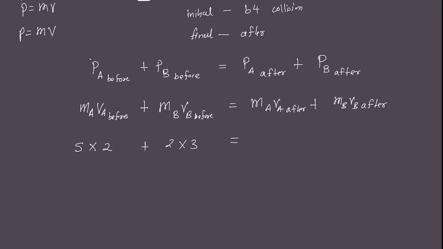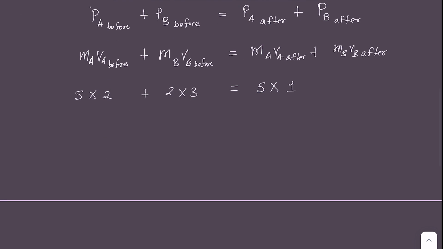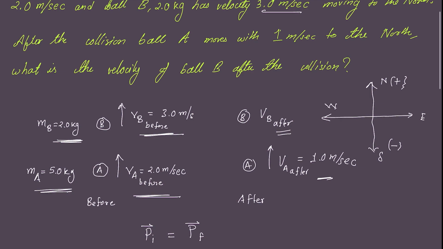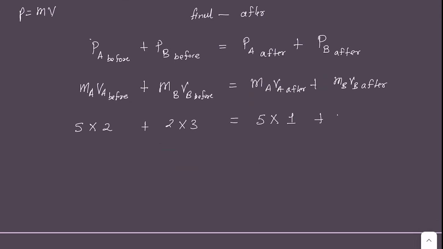And this will be equal to MA, that is 5, and VA after is just 1 meter per second, so that's 1, plus MB, which is 5 kilograms, and VB after is what we need to find. So it will be 5 times VB after. So when you solve this, this will be 10 plus 6 equals 5 plus 5 VB after.